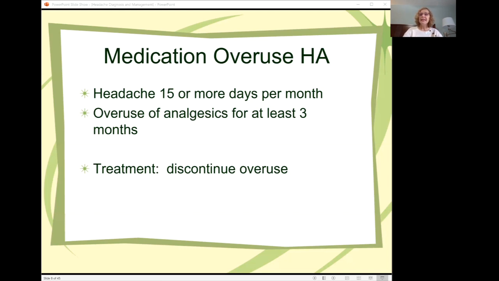One study looked at 60 patients with chronic migraines, and after a 2-week detox, none had chronic migraines after 2 months. The most important concept here is that we educate our patients that this can occur.